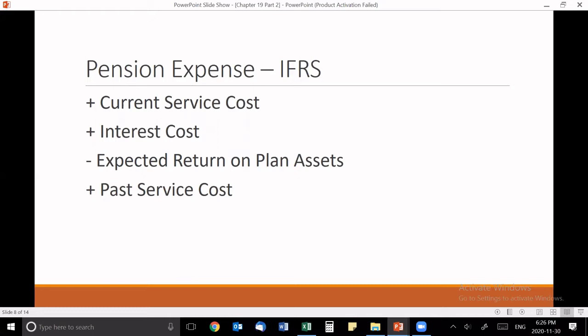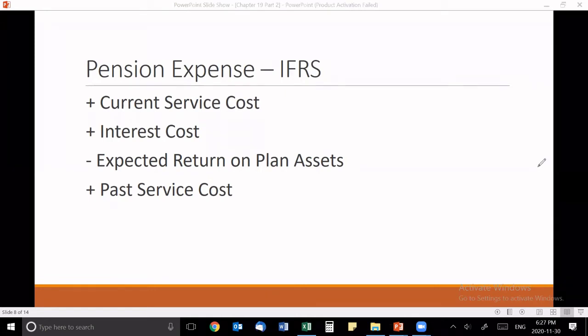Your pension plan asset account is going to have the same total at the end, but instead of doing your actual return, it's going to show up in 2 pieces. It's going to show up as your expected return and then as a difference between your expected and actual. Okay, so let me explain that in more detail.